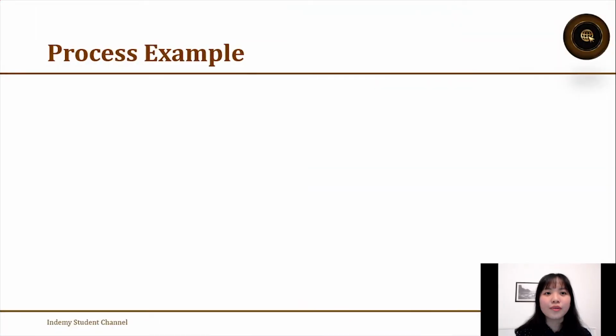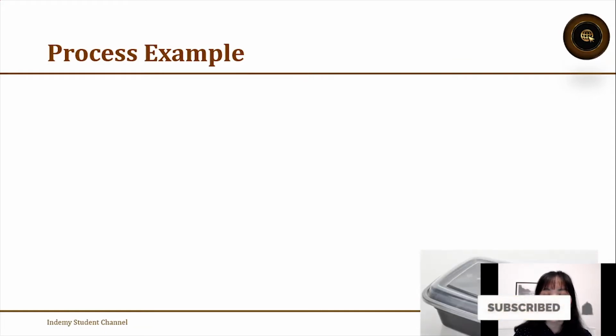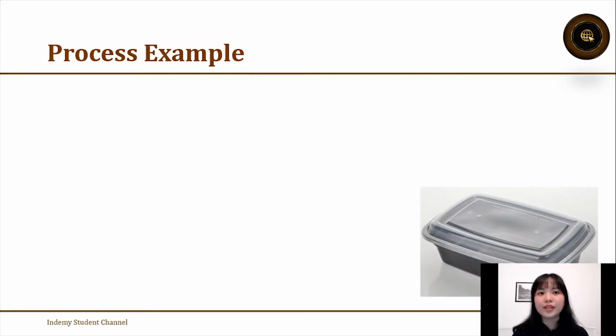Enough about me, let's dive into our lecture. In this lecture, I would like to use a process example from producing a container box. This example will be used for the whole lecture today because it will help you to get a better understanding, and of course it's easier for me to explain to you as well.